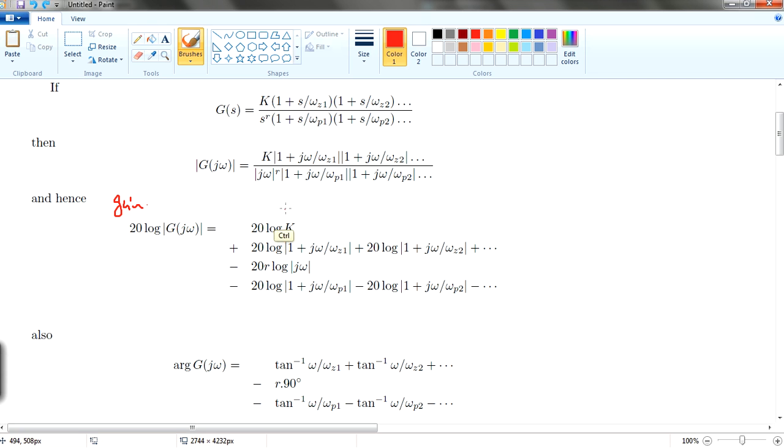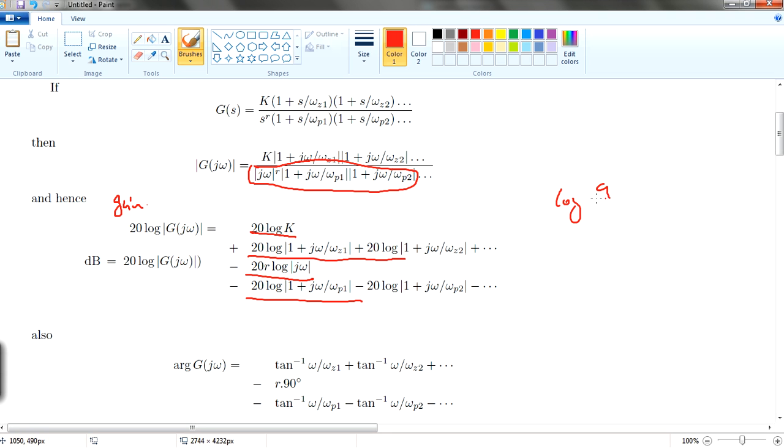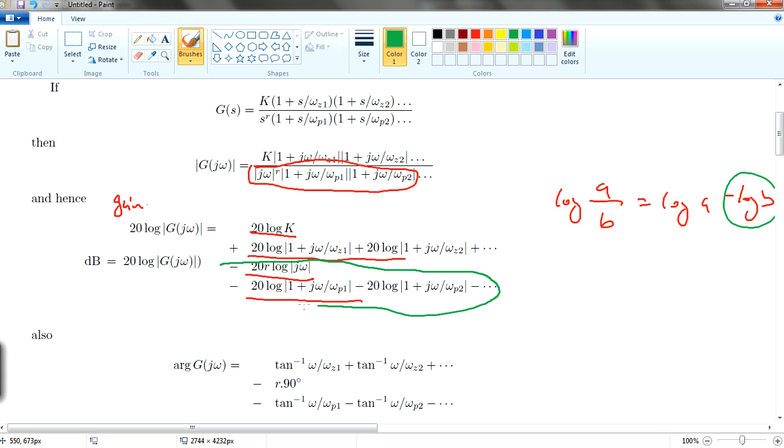As I mentioned earlier, there are 4 terms: this is the controller K, this is the zeros, this is the integrator, and this is the poles. Whatever is at the denominator, you're going to have a minus, based on the logarithm rule log a divided by b. So this portion over here corresponds to this portion over here.